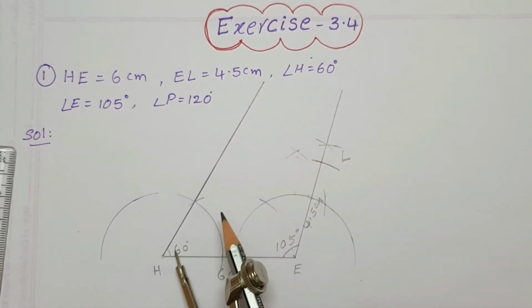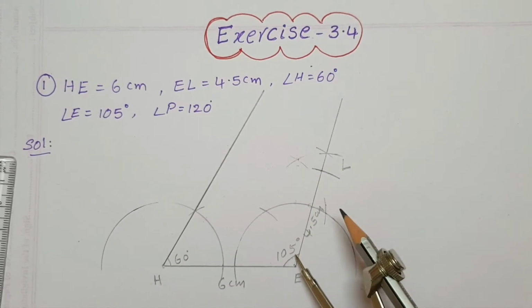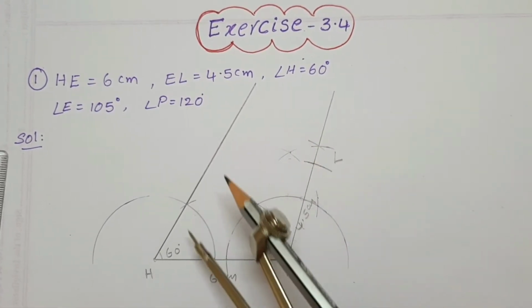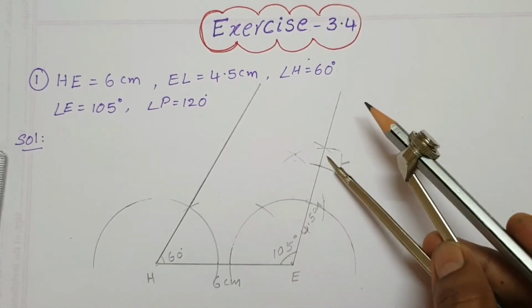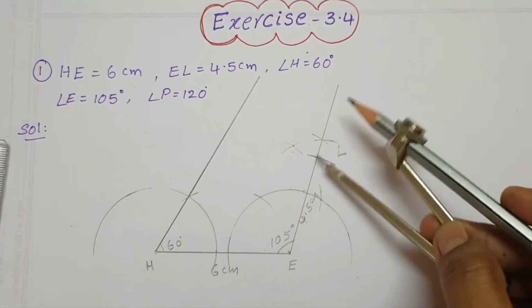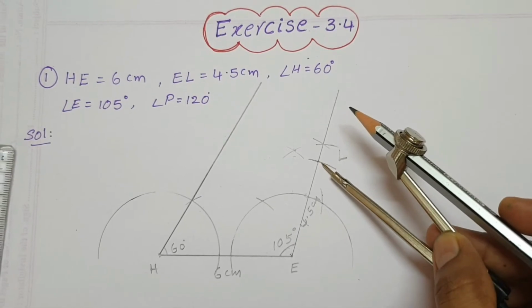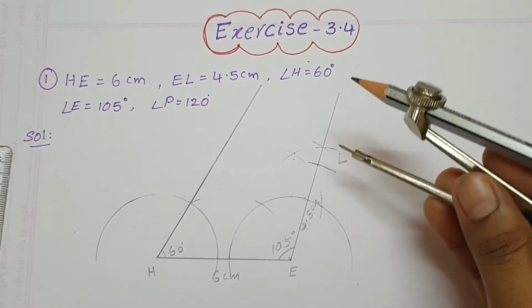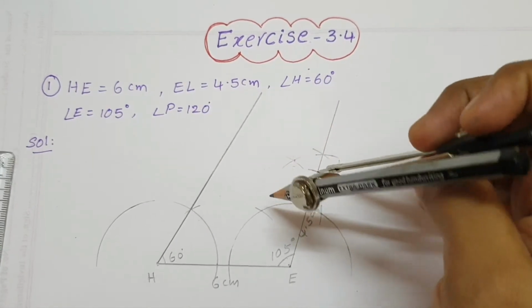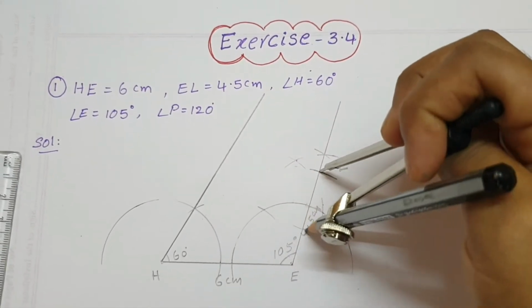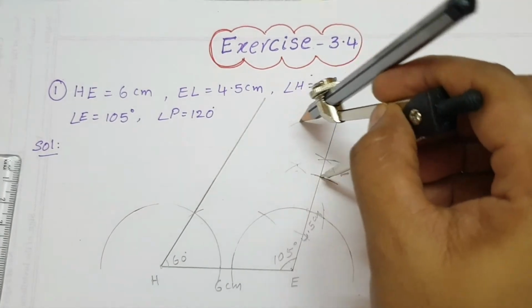We know that sum of four angles of a quadrilateral is 360, like here 60, 105, so 75 degrees. Here draw with 75 degrees, without using protractor. Here see, below half of the angle. So take like this, half of the circle.